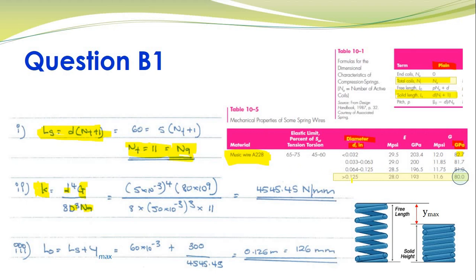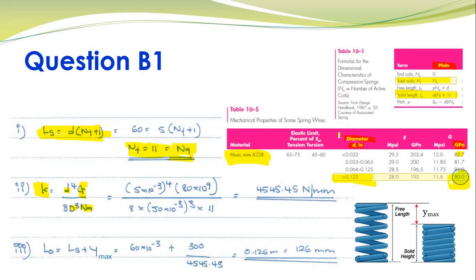So 5 divided by 25 gives us 0.2. 0.2 is greater than 0.125, and corresponding to this we get a value of 80 gigapascal.